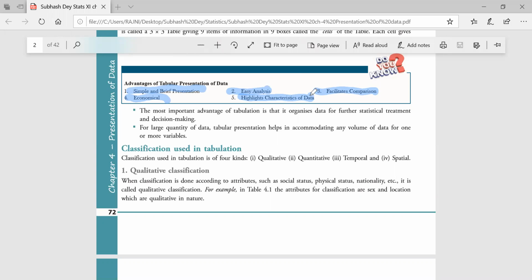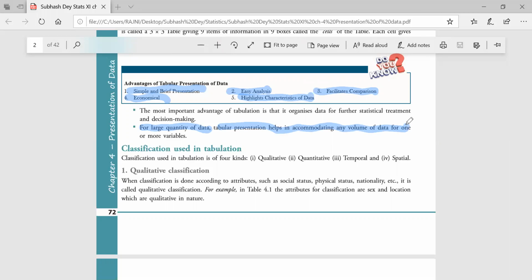The main thing is that if you represent the data in the form of a table, it organizes the data for further analysis, and with its help the investigator can make decisions very easily. For a large quantity of data, tabulation also helps in accommodating any volume.